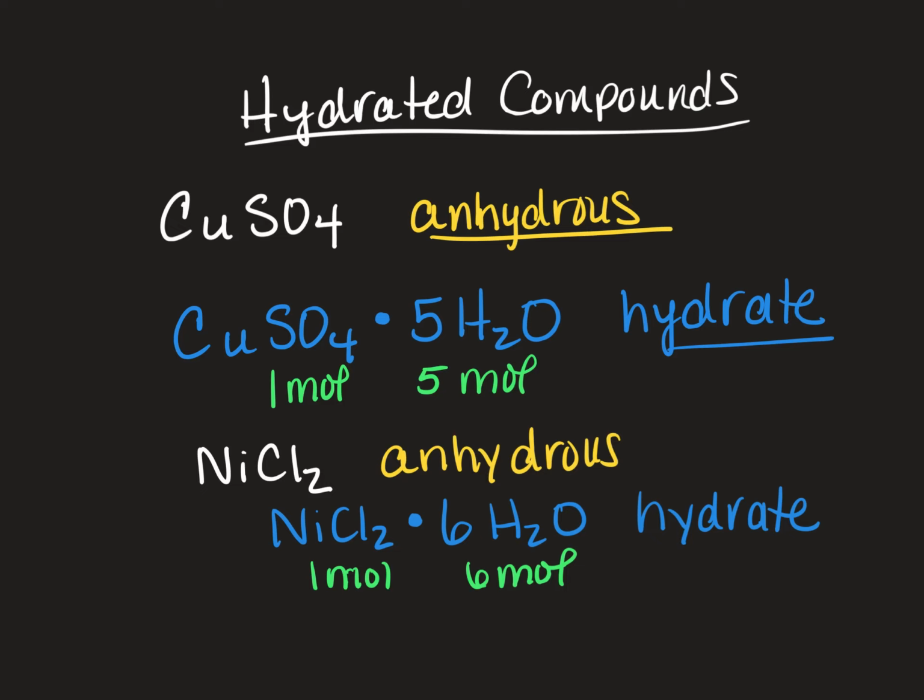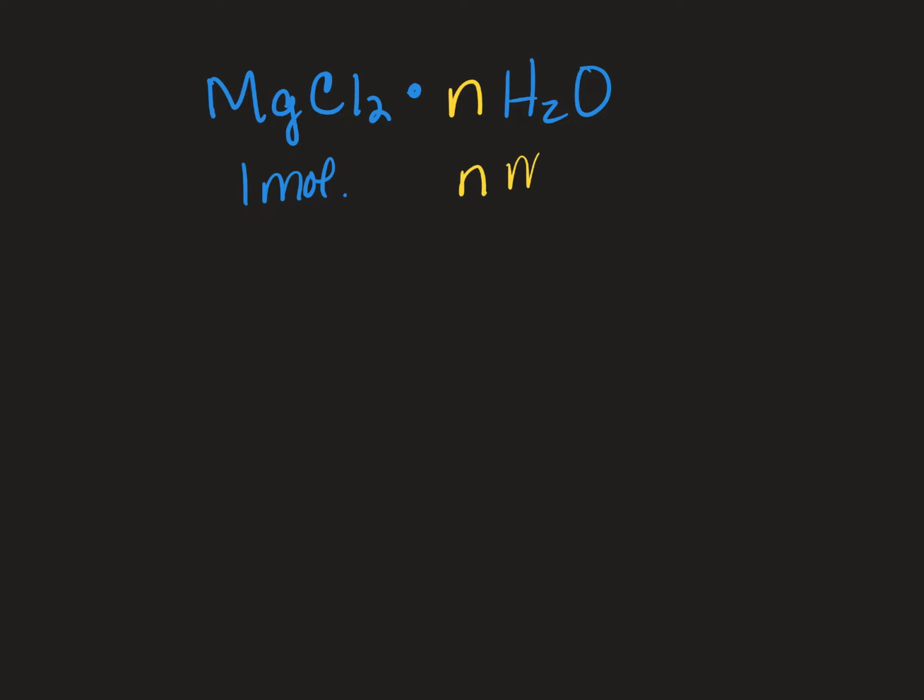So in the hydrate lab, we're given a formula for magnesium chloride with a hydrate. We just don't know how many moles of water there are attached to every mole of the magnesium chloride. What we do know is that for every 1 mole of magnesium chloride, there are N moles of water attached to it.